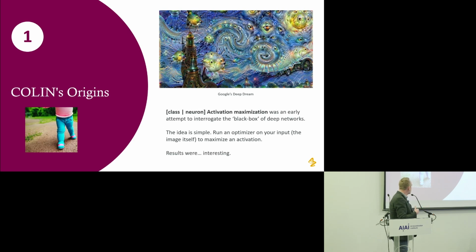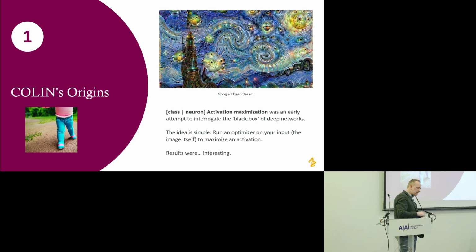Maybe you want to activate a particular classification. You alter your image until it comes out the other end of your network. They did this at Google to explain what was going on inside the network, because you could activate pretty much any part of the network through this process, and you get some kind of idea at the other end as to what was going on in the network.